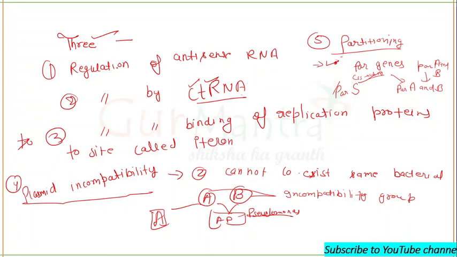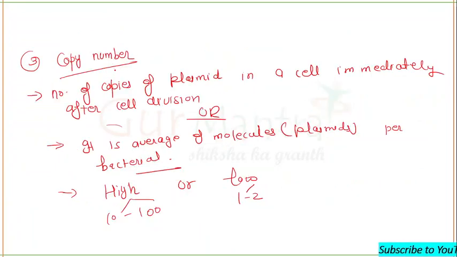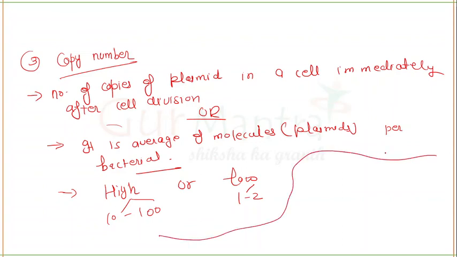Other than this, let me tell you one more thing. I forgot to tell you: are plasmids present in eukaryotes also? Plasmids are also there in yeast, and the plasmid in yeast is known as the 2 micron circle plasmid.